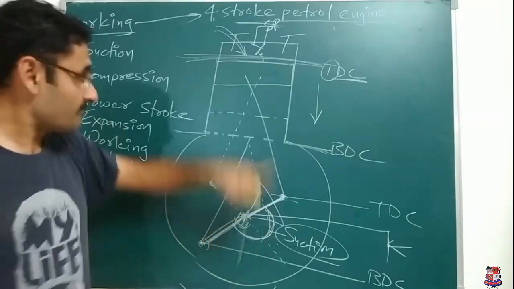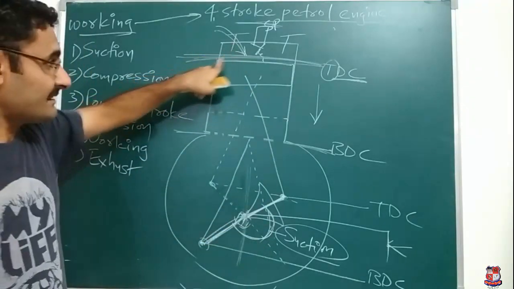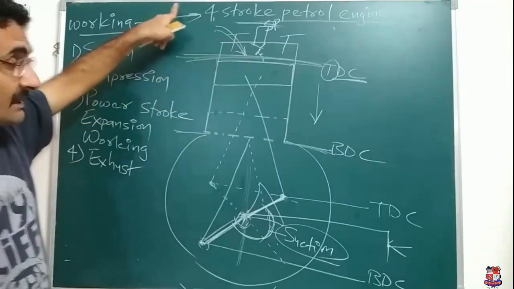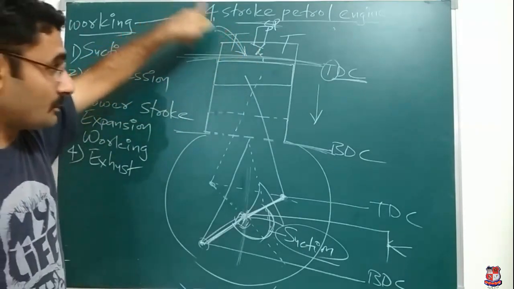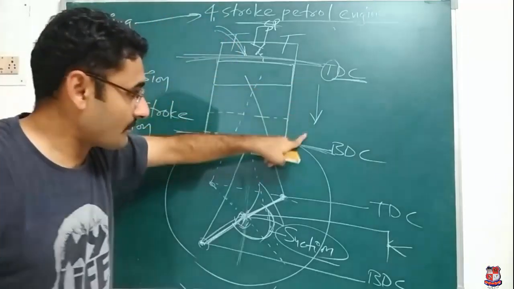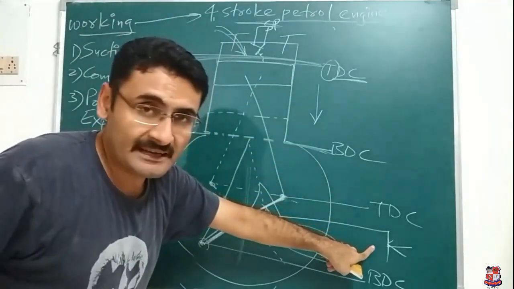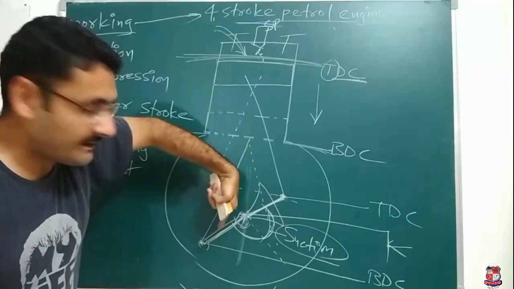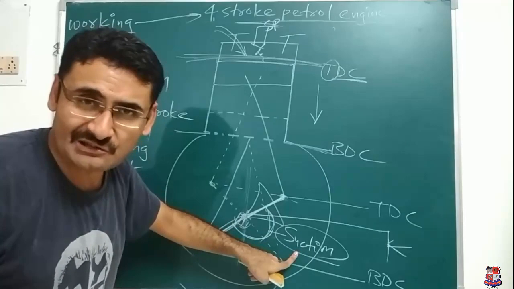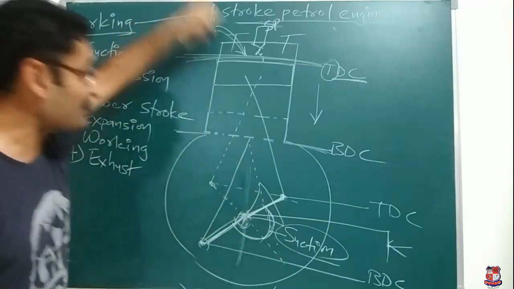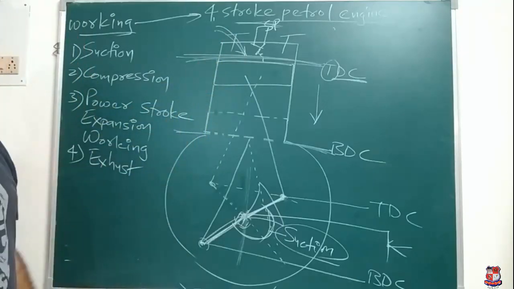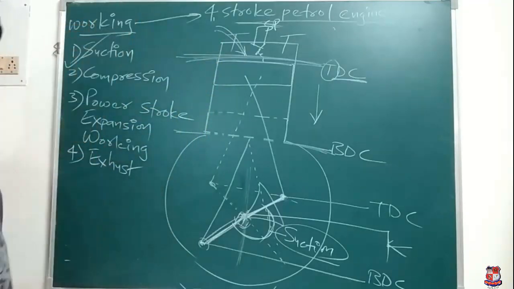Suction stroke means when piston is on TDC, inlet valve is open, and due to the opening of that inlet valve, pure air and fuel mixture will enter inside of the cylinder and piston will travel from TDC to BDC with the application of the kick, and crank will complete its half rotation. That stroke is known as suction stroke, because during that stroke we are sucking pure air and fuel mixture inside of the cylinder. So, clear about the meaning of suction stroke?